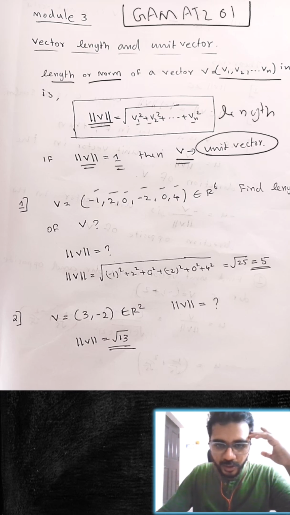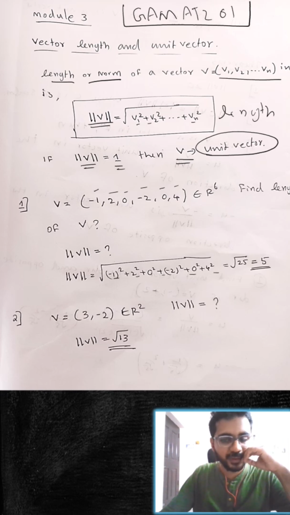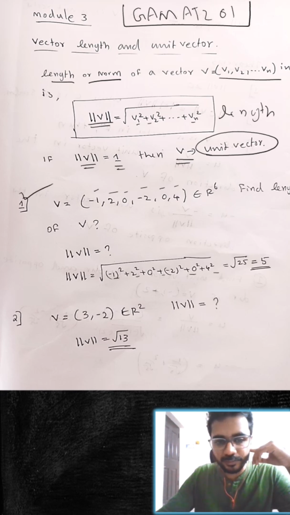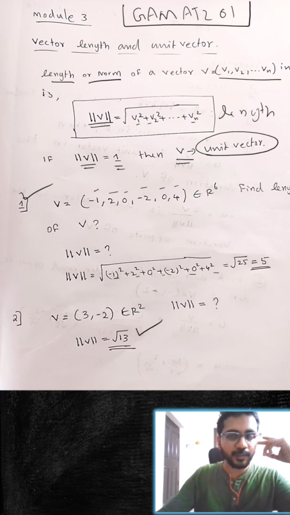By computing all this and summing together we get root 25, which is equal to 5. The first problem is over. Now the second problem, let's say v equals 3, minus 2, and it belongs to R2 space. So the length of v is the square root of 3 square is 9, minus 2 square is 4, 9 plus 4, root 13. This problem is solved.